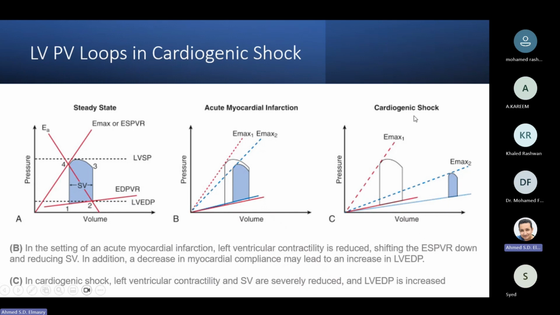And in case of cardiogenic shock, you will notice that there is a marked change of the cardiac function, and also a change of the diastolic function, and the preload state of the heart moved from this point to this point, and the cardiac systolic function dropped from this point to this point.